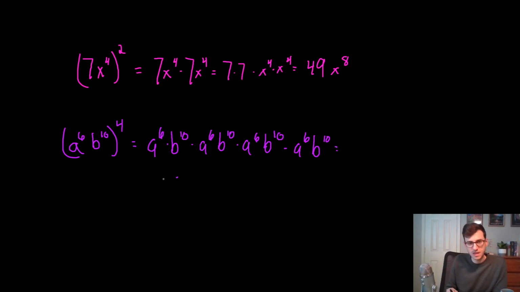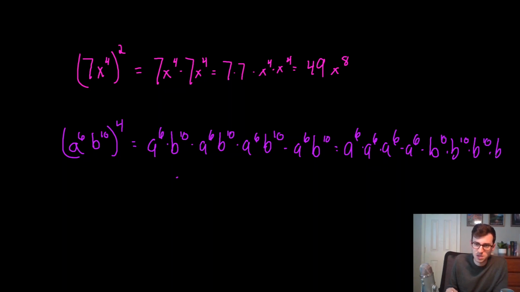Okay, that's a lot of writing, but that's okay. I have a to the 6 four times, times b to the 10 four times. Okay, 6 plus 6 plus 6 plus 6 is a to the 24. 10 plus 10 plus 10 plus 10 is b to the 40th power. And that would be your answer.